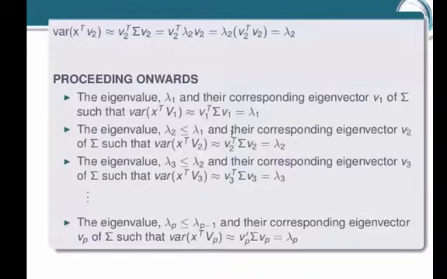If we carry on until the p-th principal component, we have the eigenvalue lambda p less than or equal to lambda p minus 1 and the corresponding eigenvector bp.